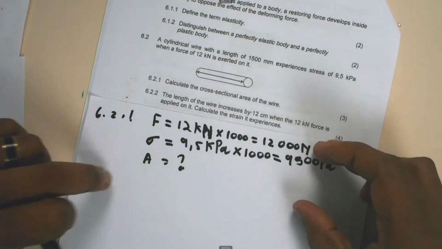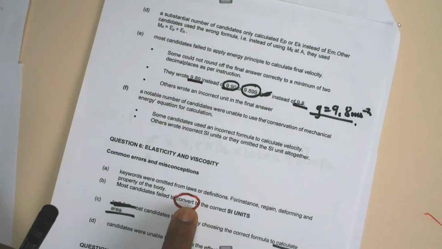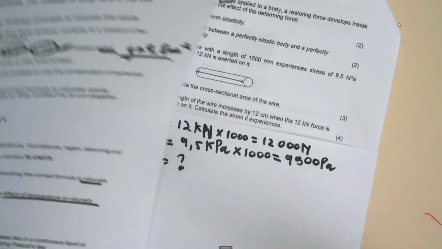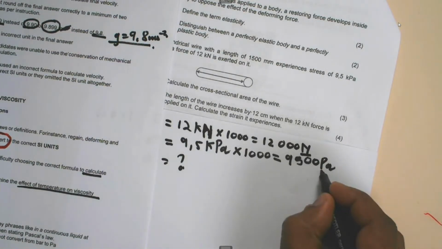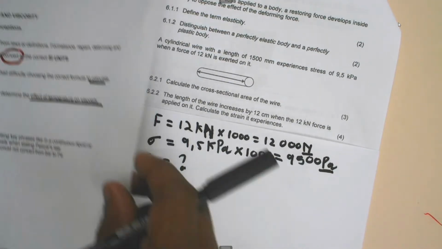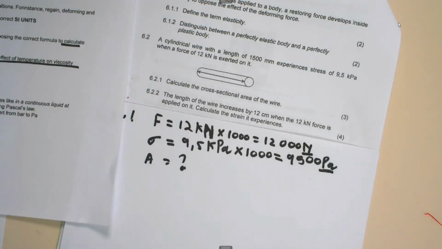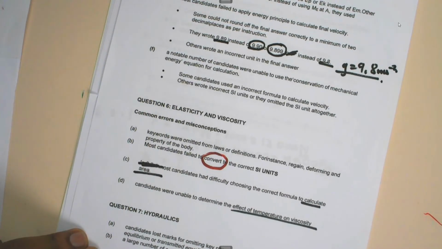So in so doing, I have already eliminated the issue of converting to the correct SI units, because all the quantities that I have must now be in Newton and Pascal, or in the correct SI unit thereof. There are a lot of principles or analogies that you can use to know how to convert to the correct SI units. Some learners use "King Henry died a miserable death, so called measles."